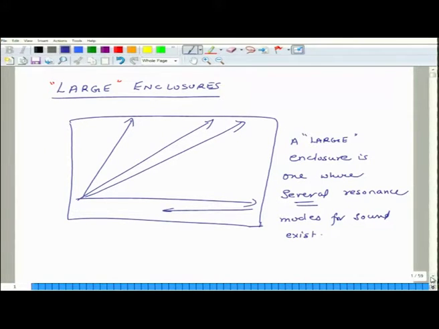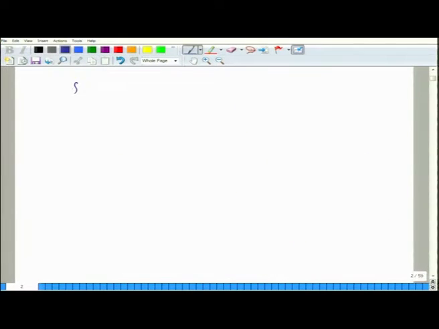But then mathematically how do we figure it out? So, there is a relation for that: if the frequency of interest times the cube root of volume, internal volume of the enclosure, divided by C is more than or equal to 1, then we say that the enclosure is large.